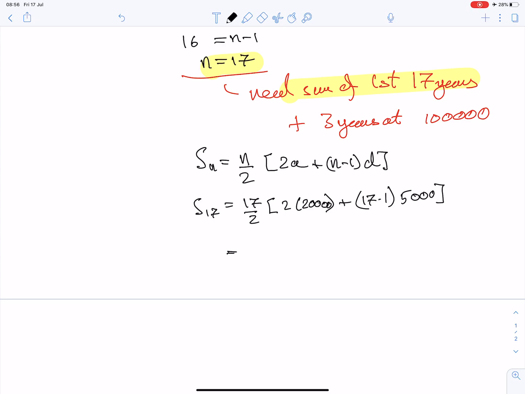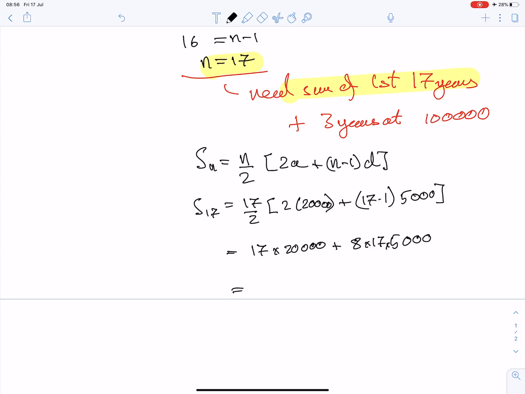Okay, so that means we've got 17, cancelling the 2's, times 20,000, plus 17 minus 1 is 16, divided by 2 is 8, so it's 8 times 17 times 5,000.